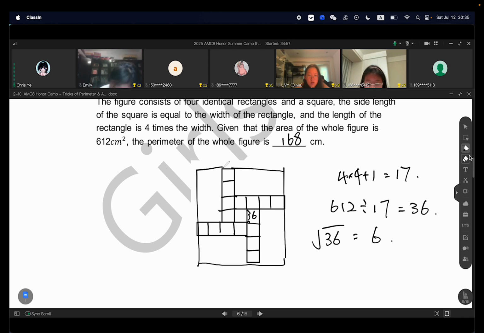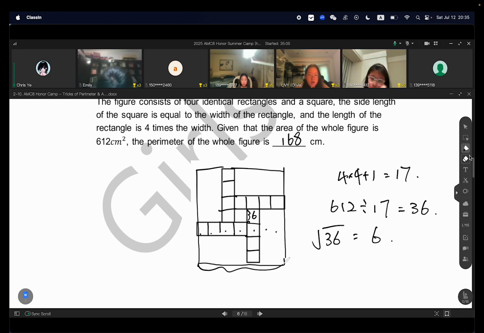But in the end, the perimeter of the entire figure is going to be 6 times 1, 2, 3, 4, 5, 6, 7. So the side length is going to be 6 times 7 equals 42. And it will be 42 times 4 equals 168 centimeters.